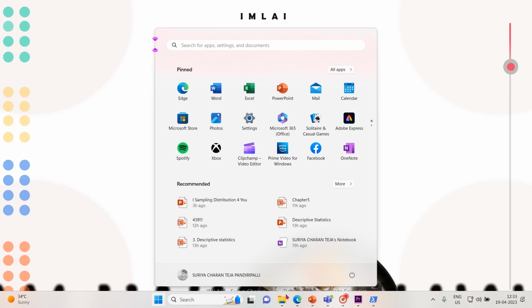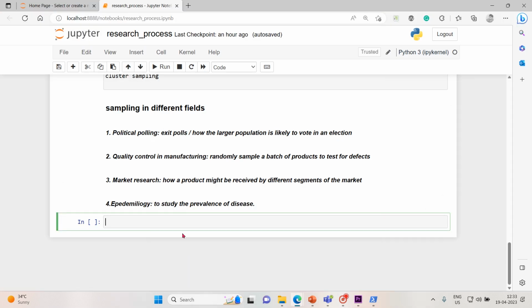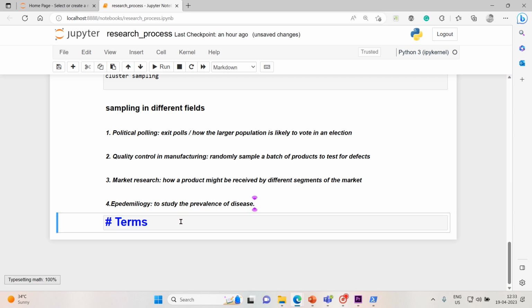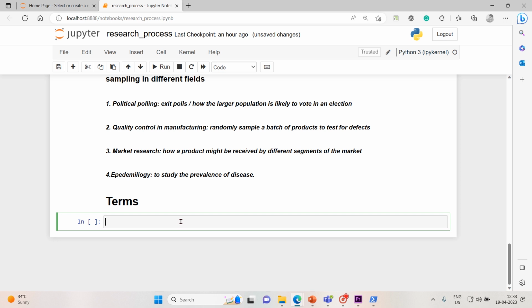So the example I'm going to take here, I'll write it down before. I'll put it as terms. Okay. So example here, suppose we have a company, or suppose a company X, or let me take my company, Imlac, wants to estimate the average income of its employees.